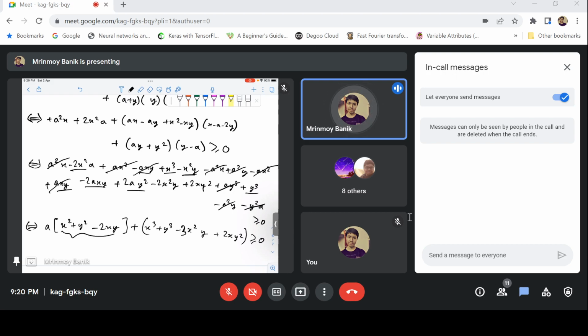So this is already a perfect square. What to say about this term.